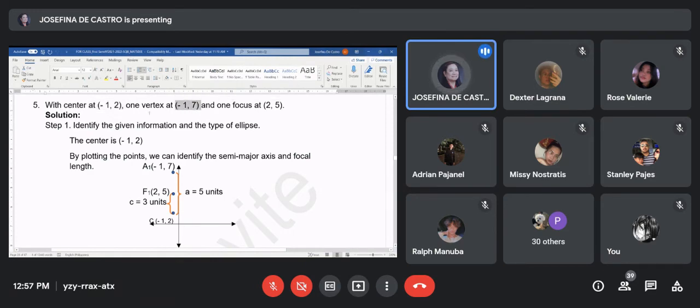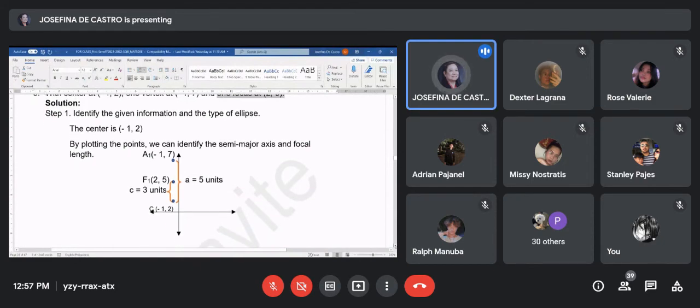With center negative 1, 2, given ang center sa atin, 1 vertex, negative 1, 7, o given ang isang vertex, isang endpoint ng major axis, and then 1 focus, 2, 5. So from the center, negative 1, 2, 2, 5 ang isang foci, F sub 1, at negative 1, 7 ang isang vertex, A sub 1. So you will notice na nasa above siya of the center. Above the center siya, therefore, vertical ellipse ka.